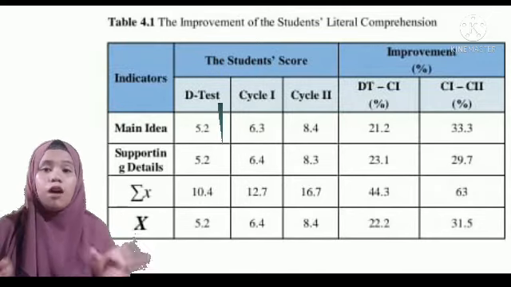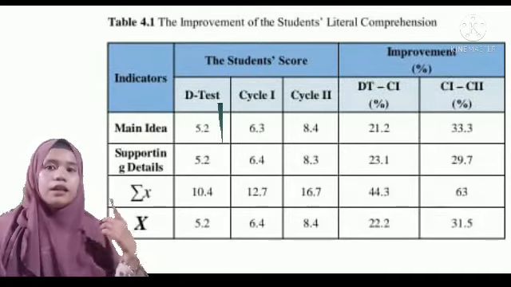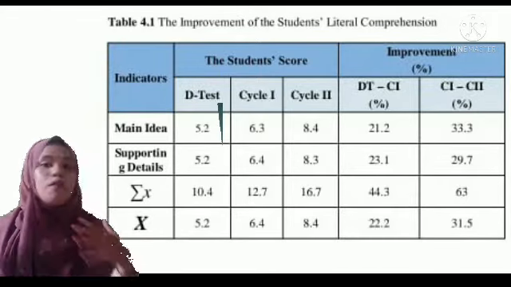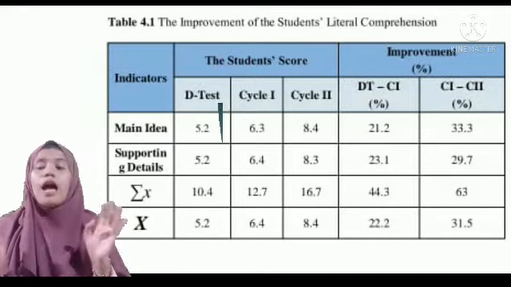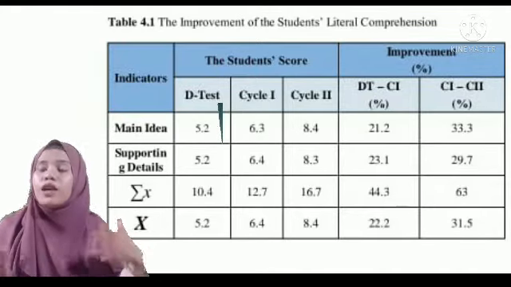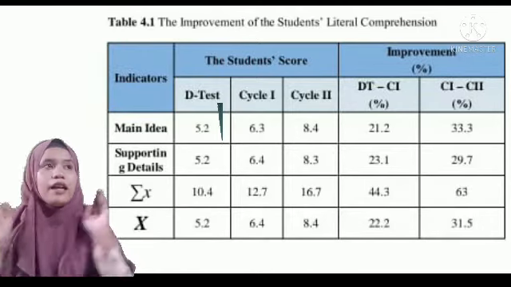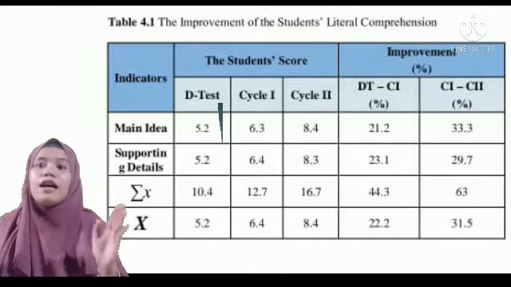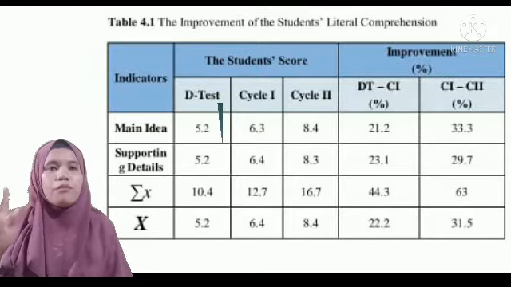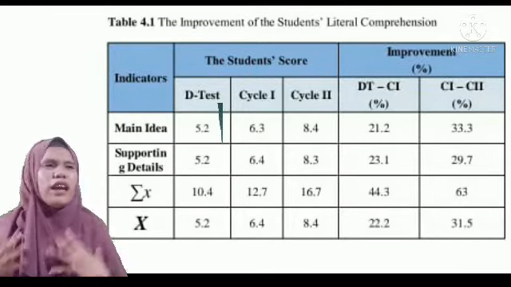In the table above, the improvement of the student main idea and supporting detail in literal comprehension, before application of the reciprocal teaching method, indicates that the diagnostic test assessment is 5.2 and it is in the poor category.